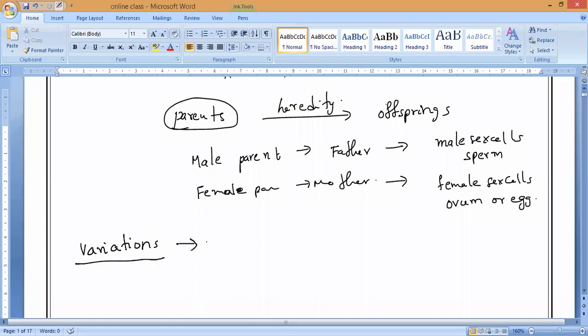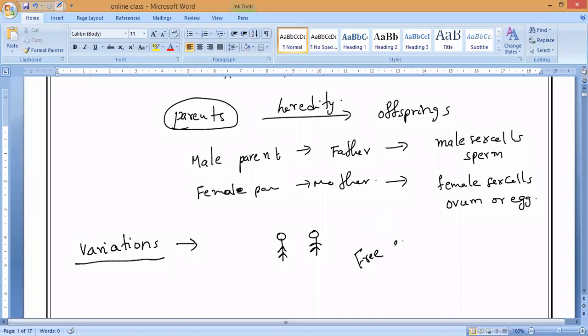We can say the differences in the characters among the individuals of a species are what we call variations. For example, if we take humans, all humans do not have similar characteristics. Somebody has black hair, somebody has brown hair, somebody has curly hair, somebody has a free earlobe, and somebody has an attached earlobe.